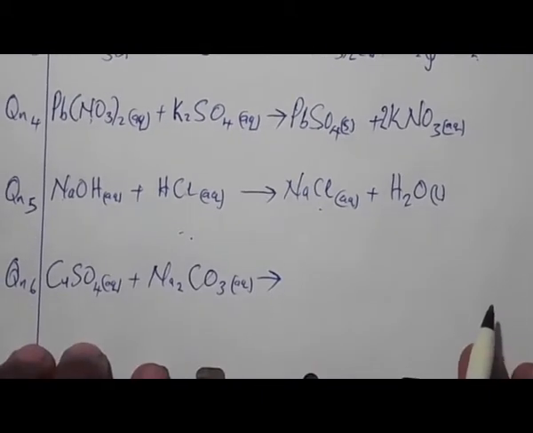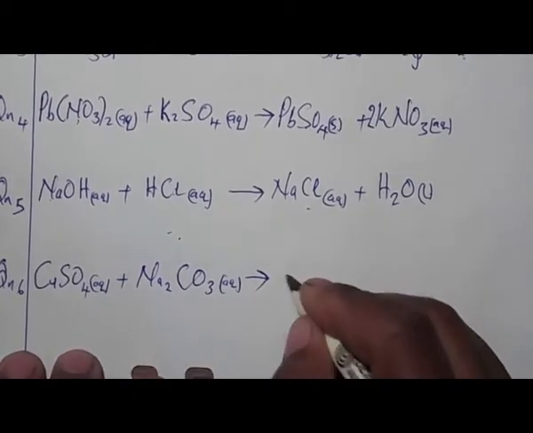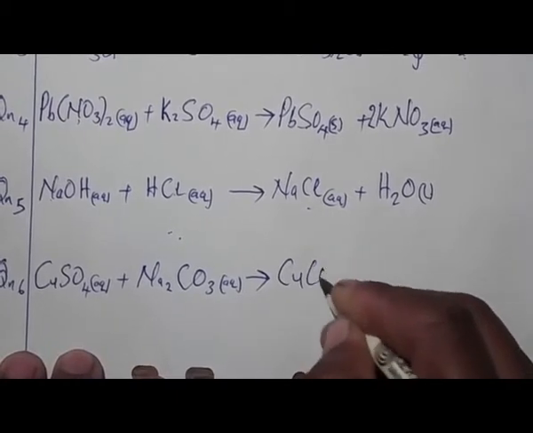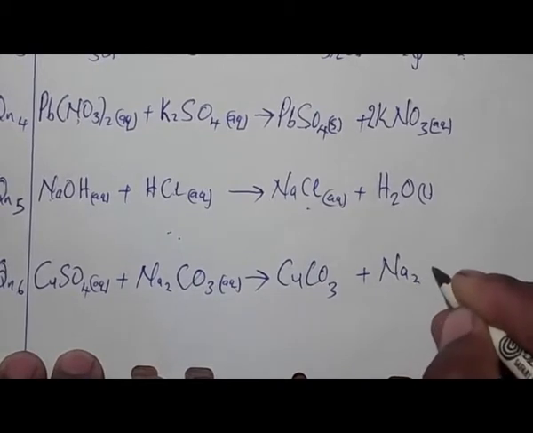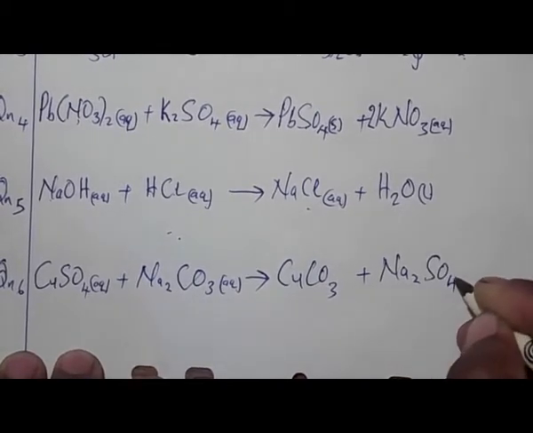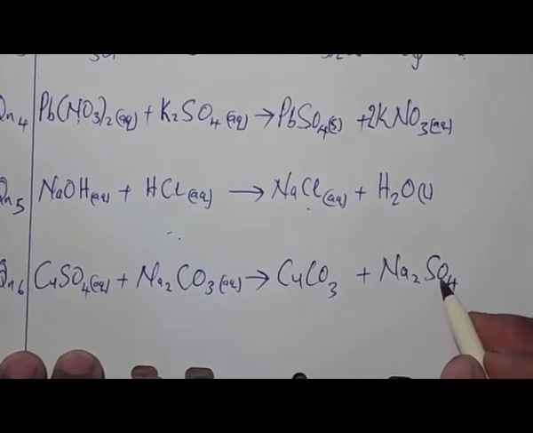Finally, number 6, we have copper(II) sulfate plus sodium carbonate. What do we get? We have copper carbonate plus sodium sulfate. We said that all sulfates are soluble apart from the ones that we saw, and all salts of sodium, potassium and ammonium are soluble.